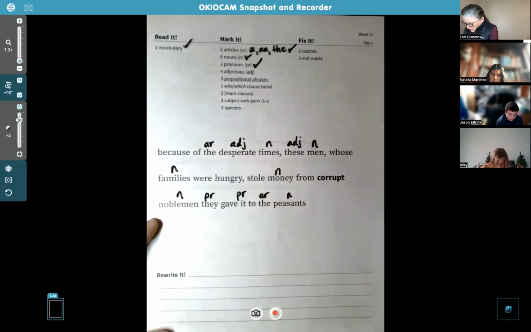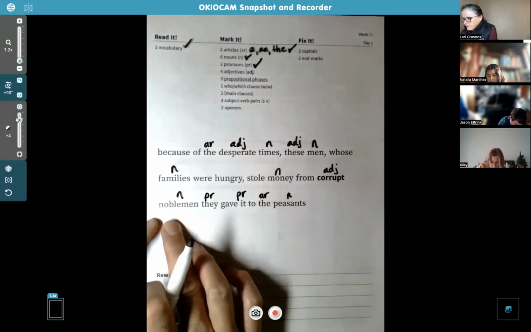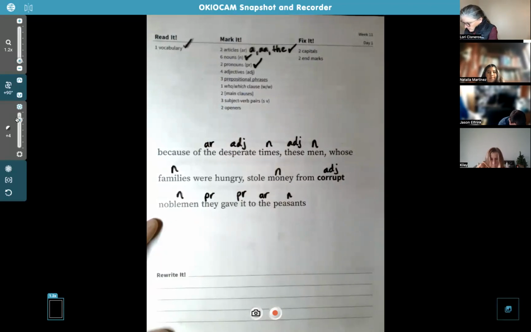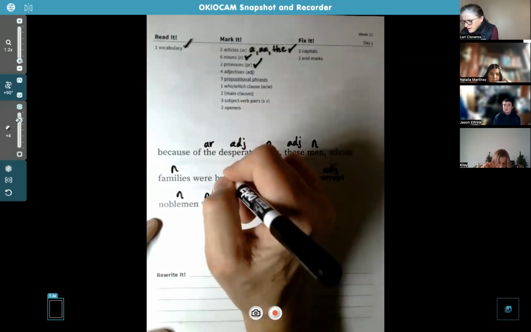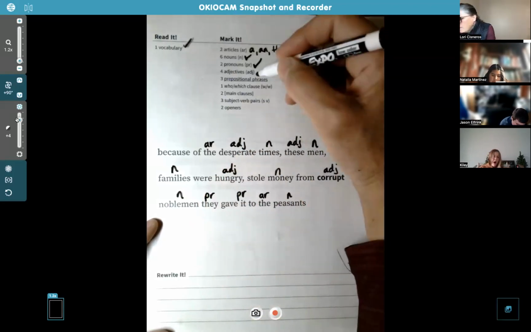That's a verb, actually. That's okay. And then I think corrupt. Yes, corrupt is one describing the nobleman. There's one more describing the families. Hungry. Yes, hungry. Good. I think that's all of them. One, two, three, four. Yep.